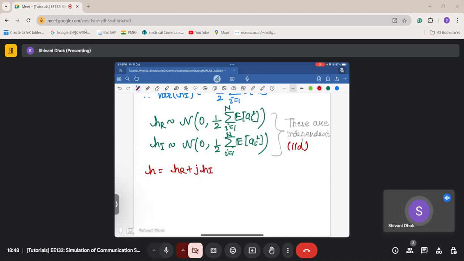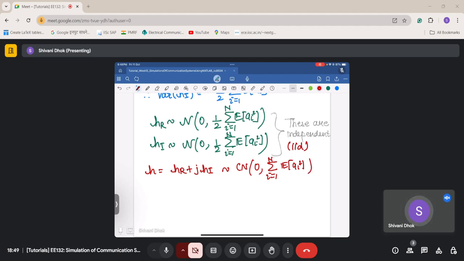Since these are IID and jointly Gaussian, H is a circularly symmetric complex Gaussian with zero mean and variance equal to the summation i equal to 1 to n of the expectation of A_i square. So this is the variance.